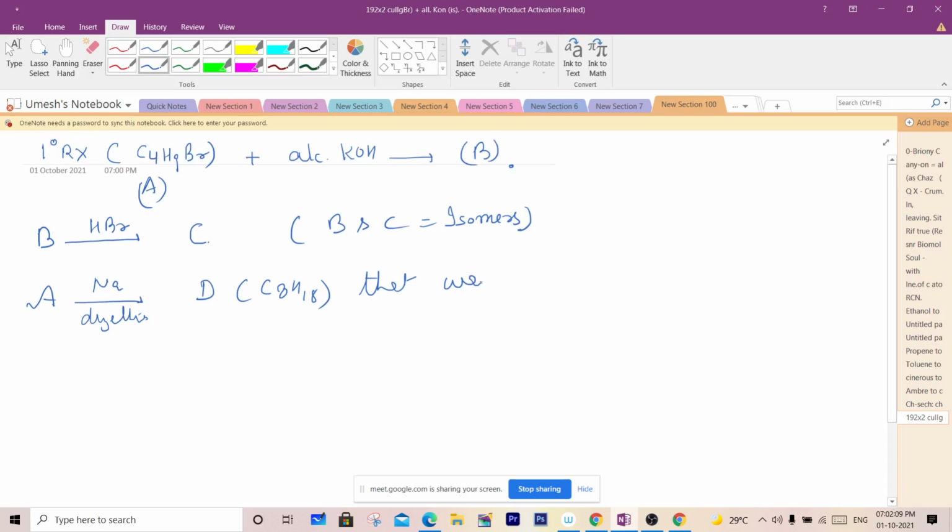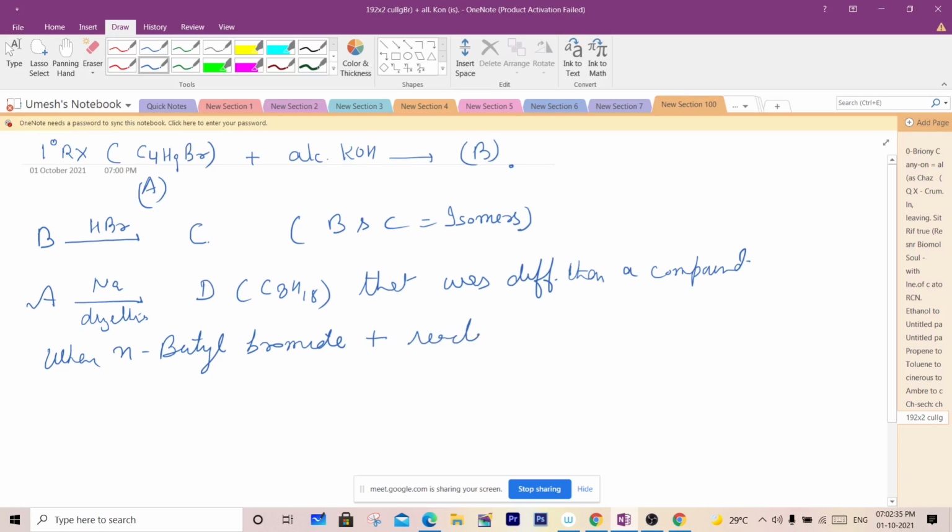That was different than the compound obtained when n-butyl bromide was reacted with sodium. Identify A, B, C, D.